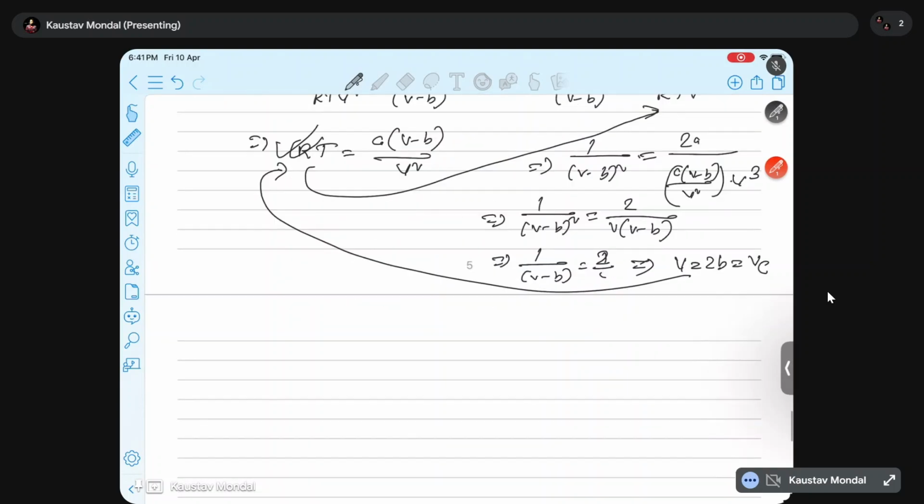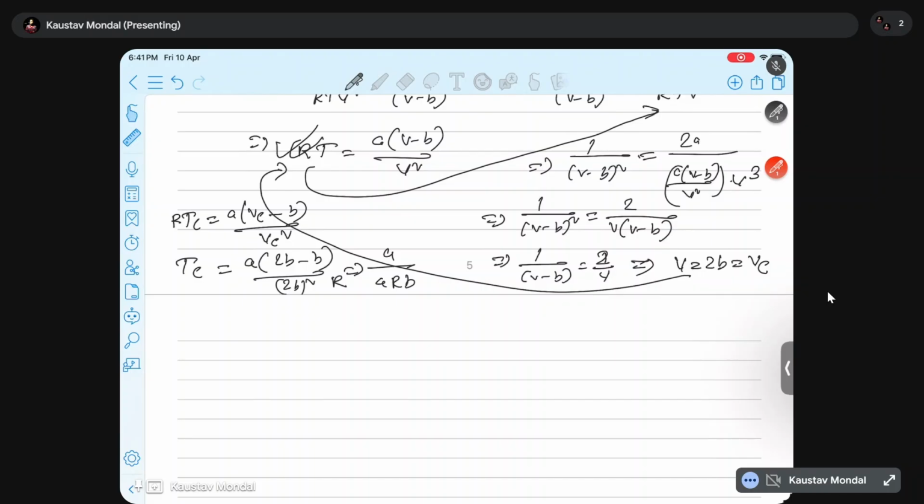It gives you RTc equal to A into Vc minus b by Vc square. So Tc will become, if you substitute Vc here, A into 2b minus b, Vc square 2b whole squared, by R. So that gives you A by 4Rb.